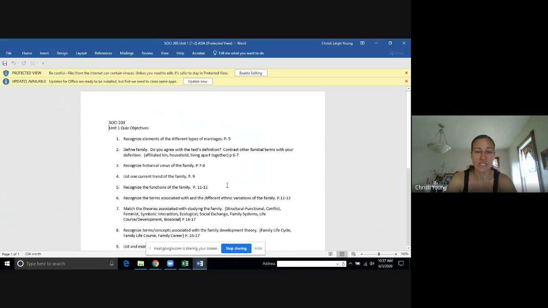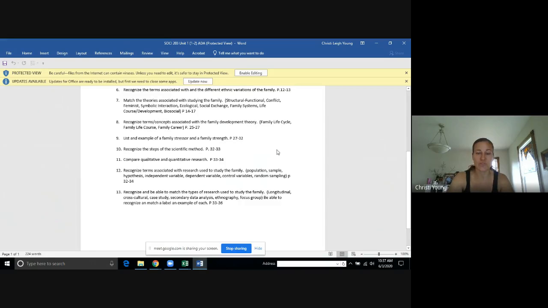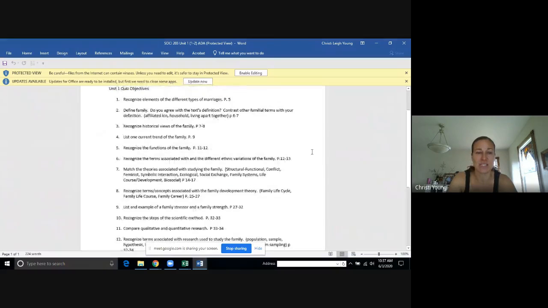So as you can see, we're basically looking at a bunch of statements where I'm asking you to recognize, to define, to list. I can tell you, if you pay attention to the objectives here and compare them to the learning objectives of the module, you're going to find those are the ones that you want to focus on, okay?